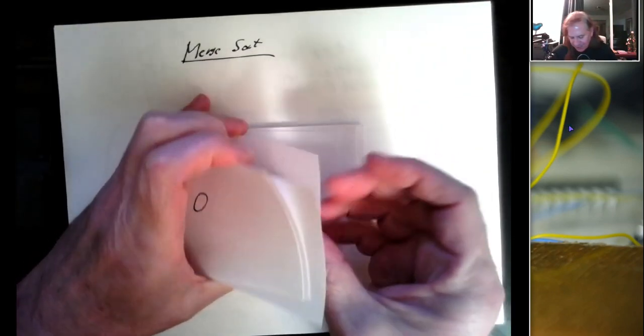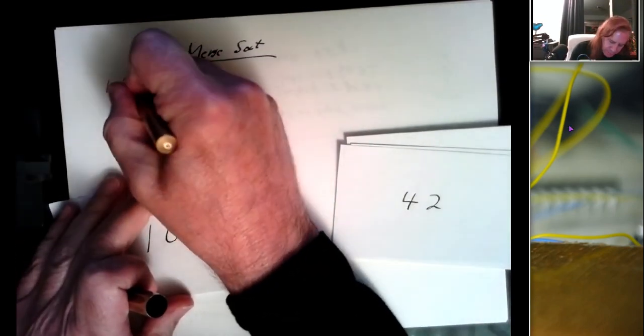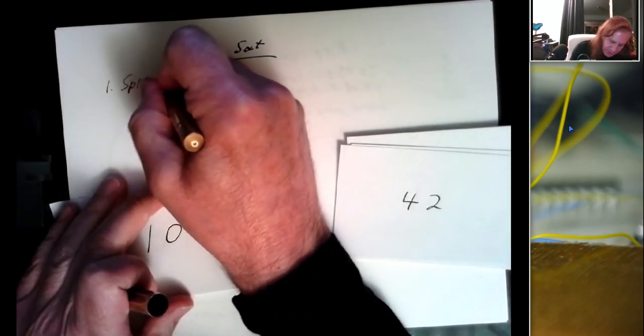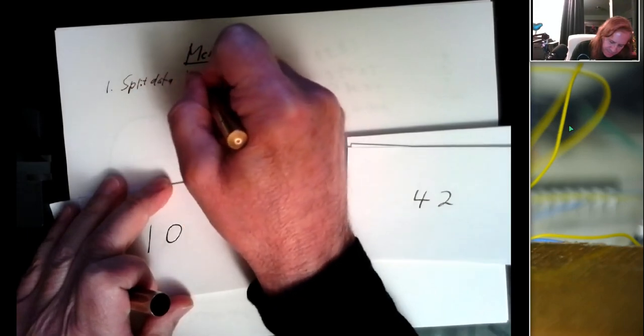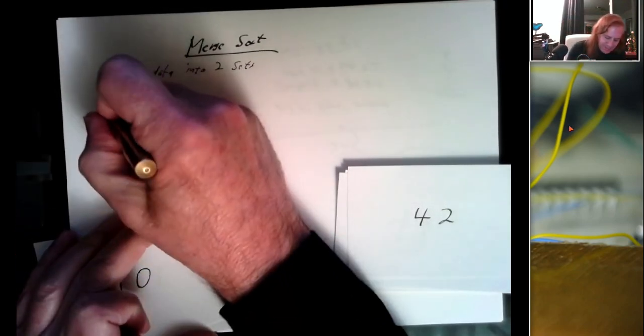Alright, so I've got 6 cards in one pile and 6 in the other. So step 1, split your data into 2 sets. If there's an odd amount of data, one set will have one piece more than the other. That's okay.